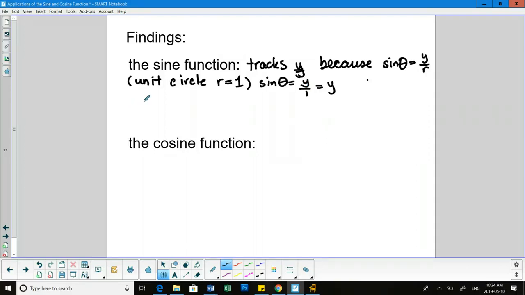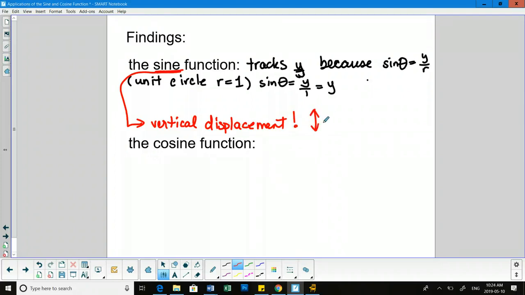So when we see sine function, we want to think vertical displacement. So we track the up and down of the point from the x-axis.